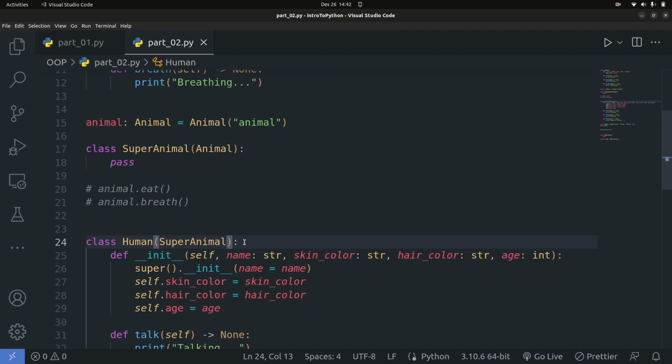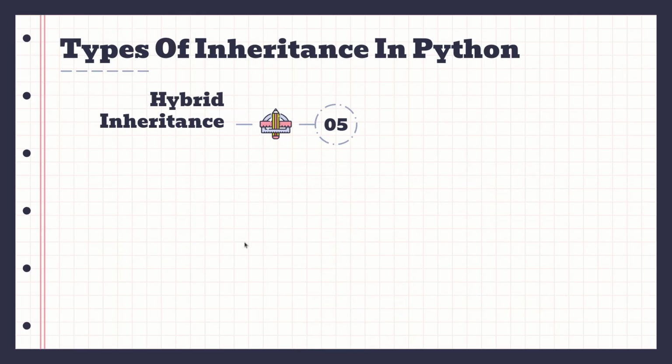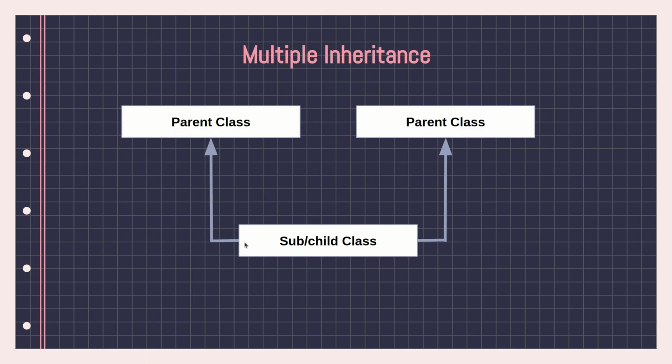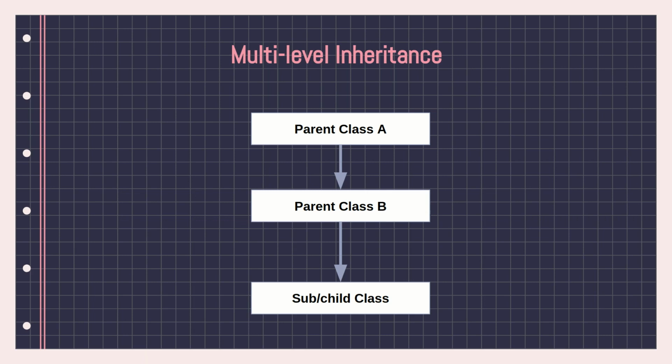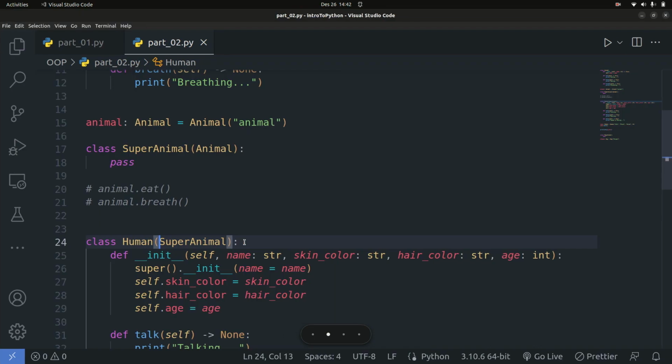To explain this more, I have a diagram: this is single level inheritance, and this is multi-level inheritance. We have a child object that is inheriting from parent class B, and parent class B is also inheriting from parent class A, and that's what we have in our code here. We are inheriting from the super animal, which is also inheriting from the animal class. So that's multi-level inheritance.